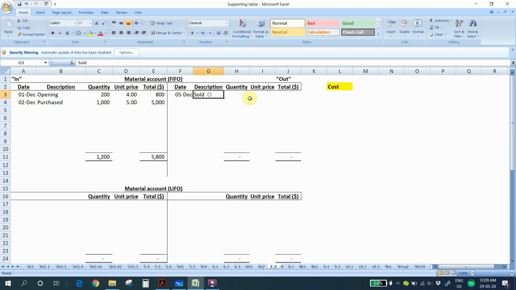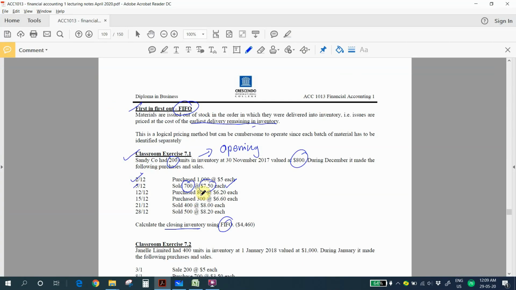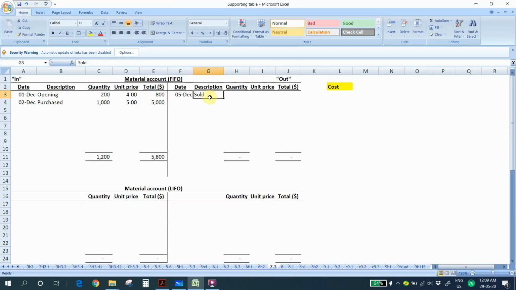So we have to sell 700 units to our customer. We will try to use our first batch of the product and sell it to our customer. So the quantity is 200 here. And what is the unit price? We use the cost price. Remember, in the inventory account, we only record the cost price. Sales price is irrelevant to us. So we indicate 4 here.